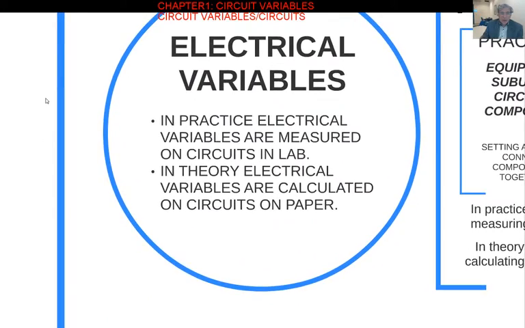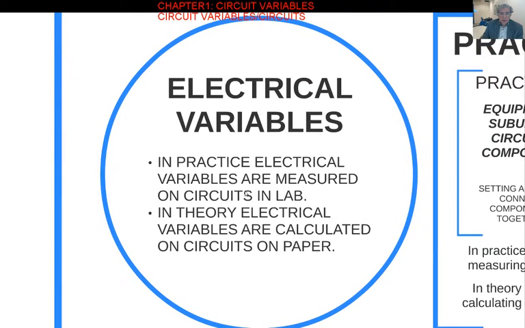It says, in practice, electrical variables are measured on circuits in lab. Electrical variable is something that we measure in the circuits lab. In theory, electrical variables are calculated on circuits on paper.